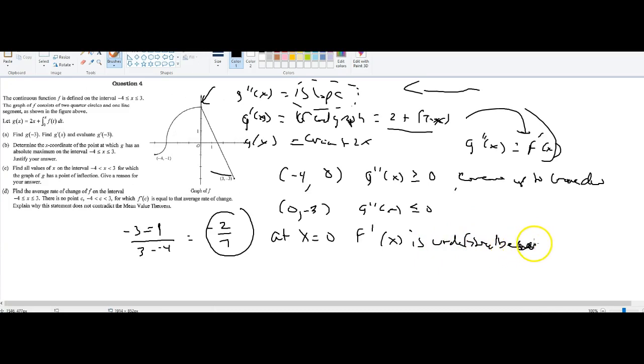Because f prime of x is less than 0 when x is less than 0. I should be more careful. I should put it as greater than -4, as it were.